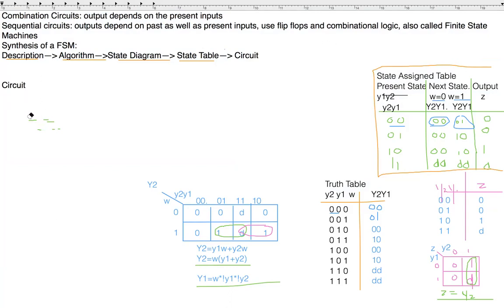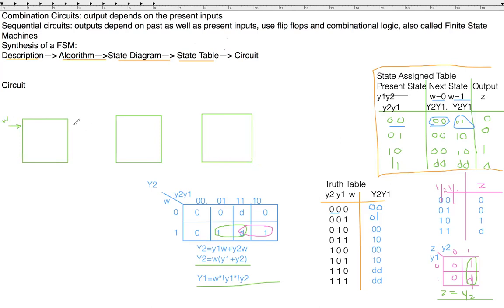For our circuit diagram, now that we got this process done with all the equations written, remember how I told you guys you have two combinational blocks and a flip-flop block in between. So combinational block, flip-flop block, and then combinational block. And remember, you're going to have W as an input to the first combinational block.